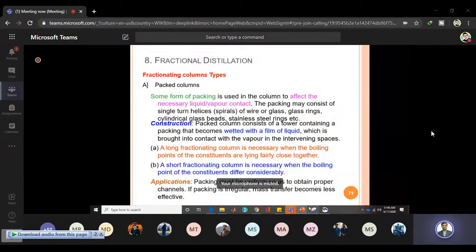We're not talking more about packings here, because I remember we had some detailed discussion about packed columns in previous classes when we went through the absorption chapter. So I hope you already have a good concept of packed columns, and I'm not talking much about it here, right?